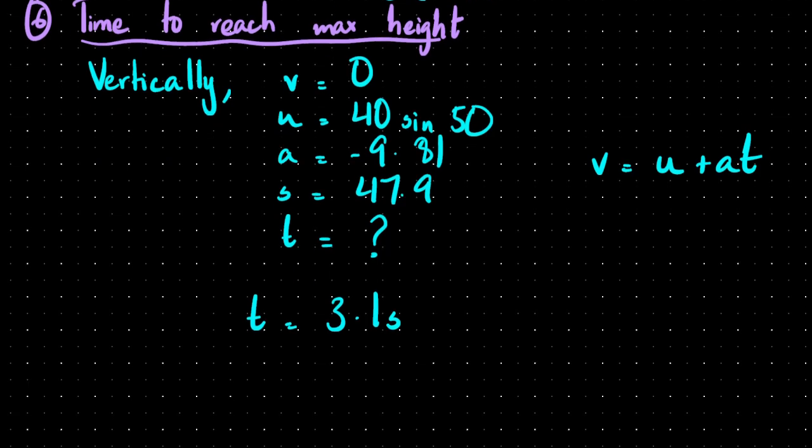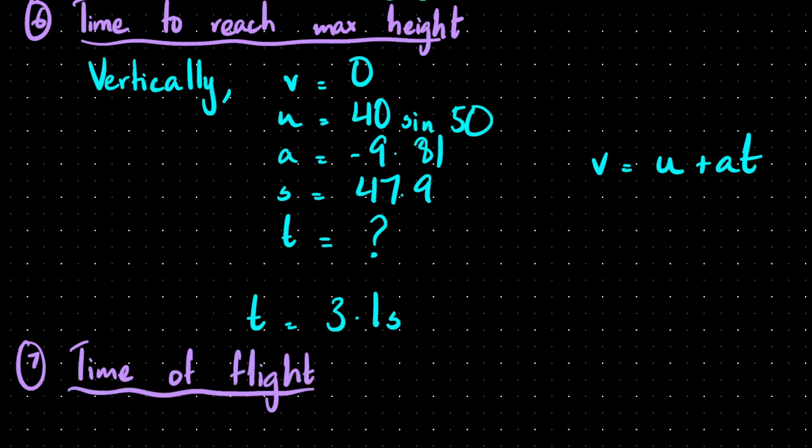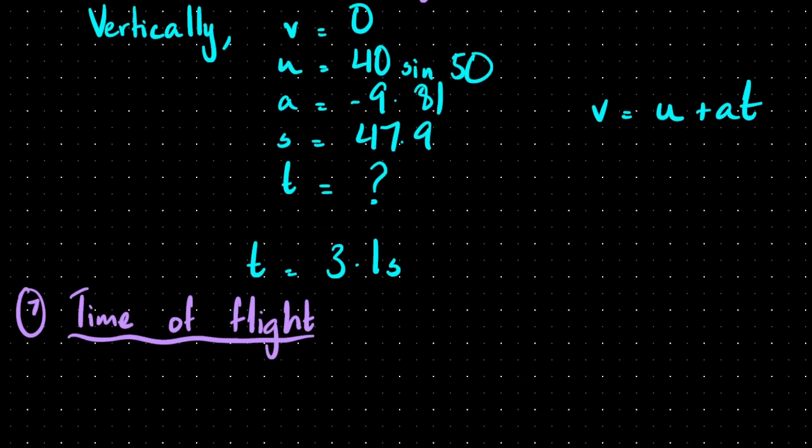If I now also ask what is the time of flight, which is the total time for which the projectile is in the air. So again, to answer this part as well, I can use ideas related to symmetry, which is that from the point when it's projected to when it reaches its maximum height, if that time takes 3.1 seconds, it would also take another 3.1 seconds on the way down.